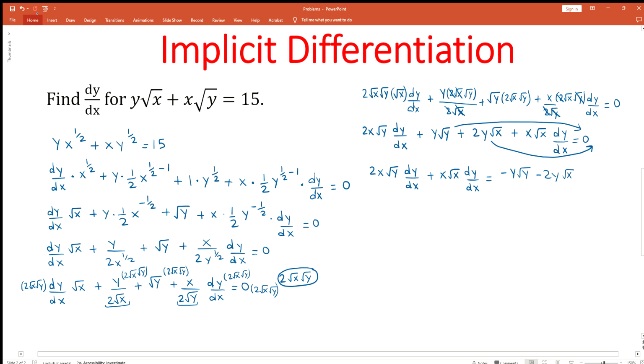Next, we should factor out dy over dx from both terms on the left side. Next, we should divide both sides by 2x square root y plus x square root x to isolate dy over dx on the left side of the equation.